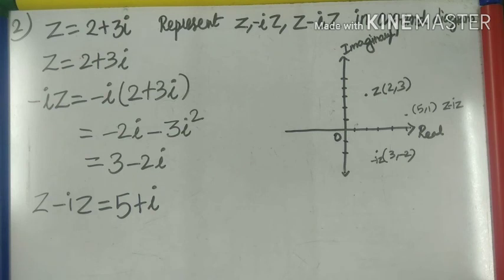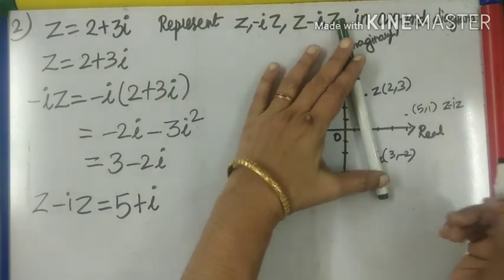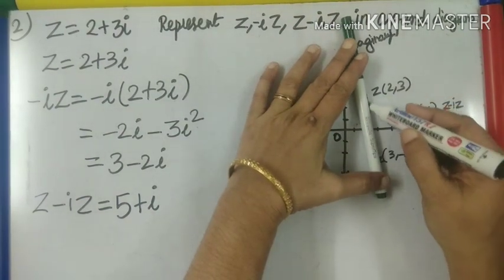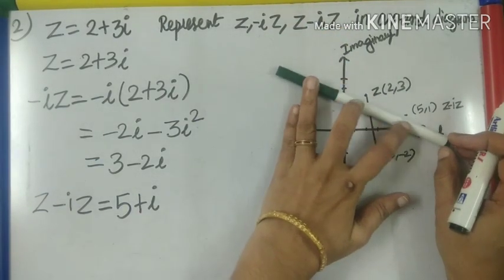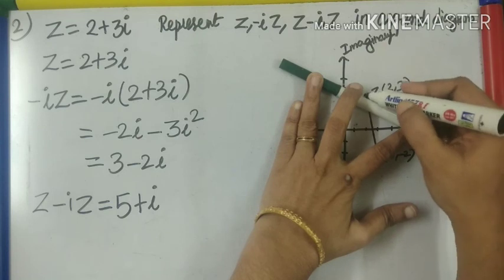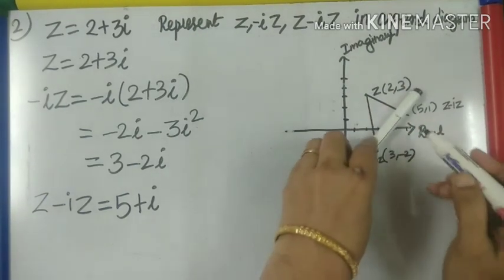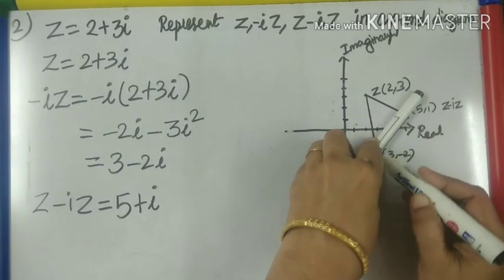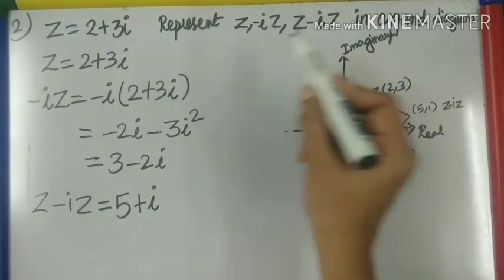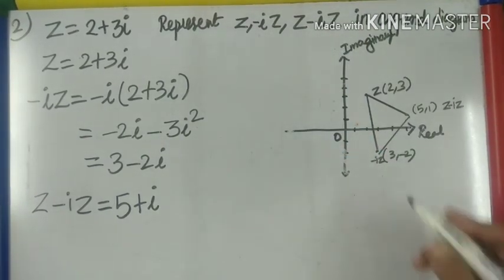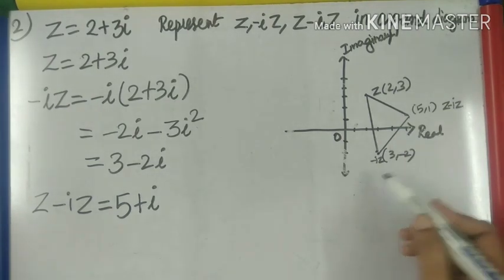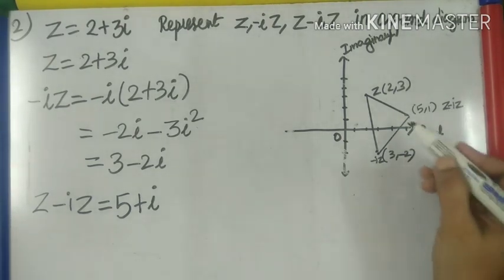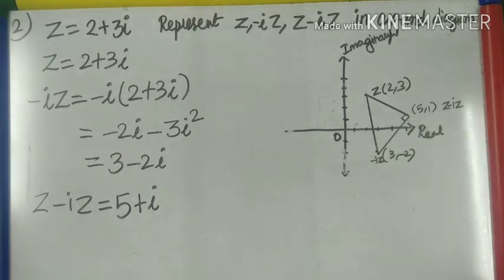You can join with a scale and check. This is also a right angle triangle. So we conclude z plus iz is a right angle triangle, and z minus iz also forms a right angle triangle.